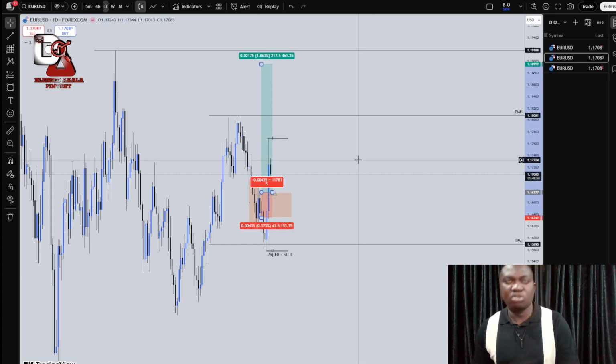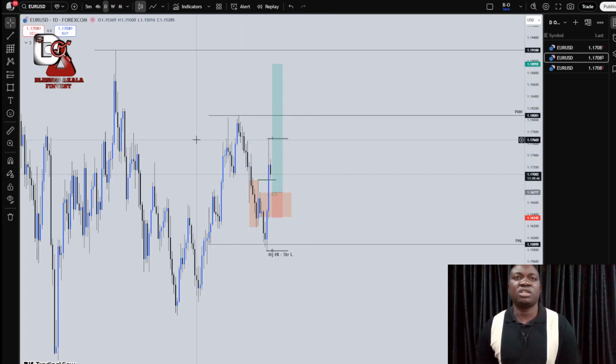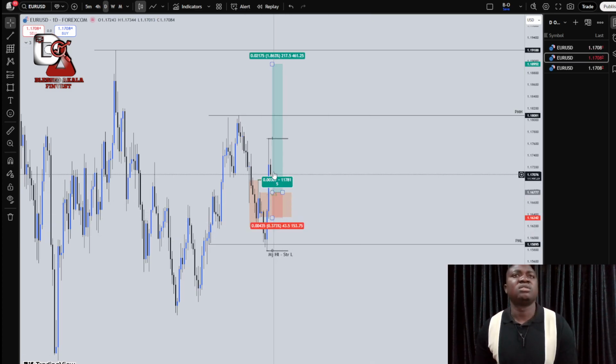I guess that's going to be my trade for this particular leg here. Anything can happen, but we can as well react from this level too. But I'll be waiting on this 50% of our daily range for me to buy from. So that will be my trade.